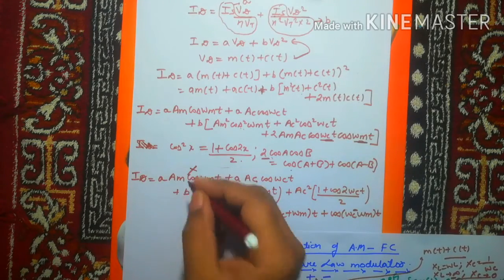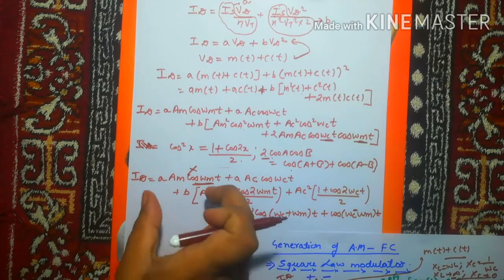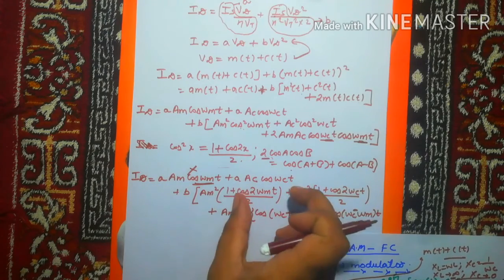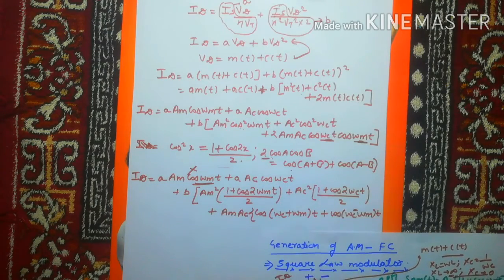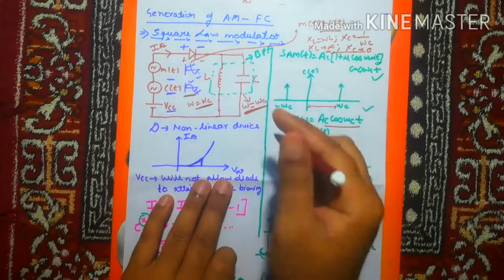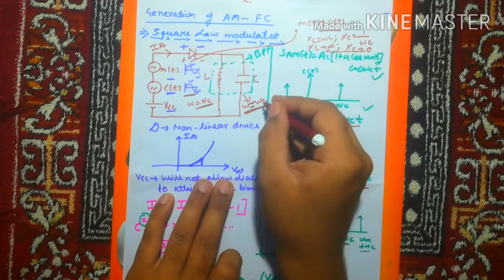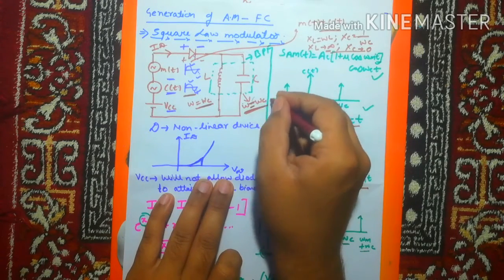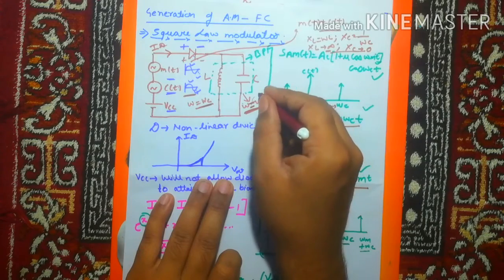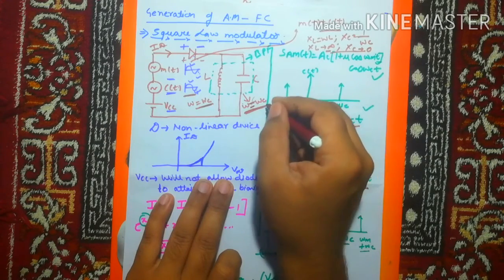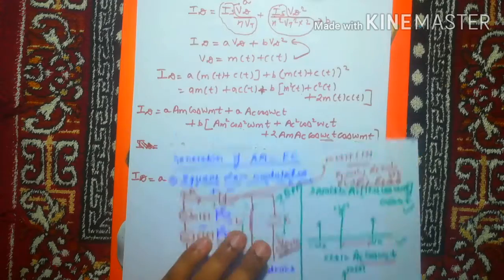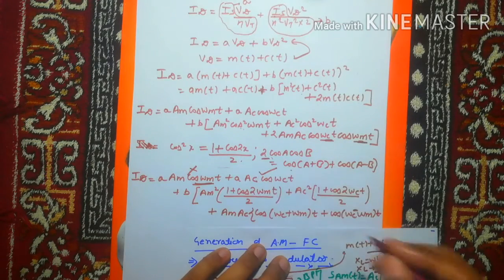So this term will not pass through the band pass filter. Will Ac cos omega c t pass through the band pass filter? Yes, because we have tuned the band pass filter for the frequency nearer to omega c. So omega c gets included in the band pass filter. So the terms which include omega c will pass through this band pass filter.